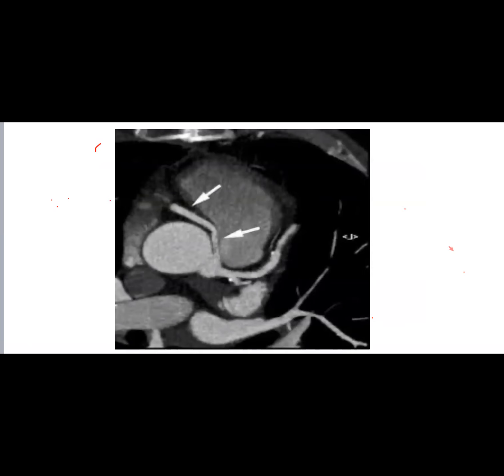Like this one here, this is the RCA arising from the left. Then its course, how it courses between the pulmonary and the aorta, and we call that a malignant course. So we know exactly not only the anomaly and the origin, but how it courses.